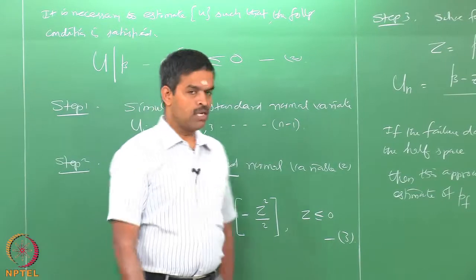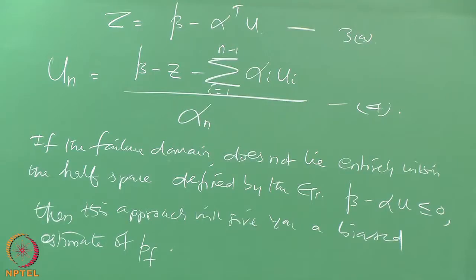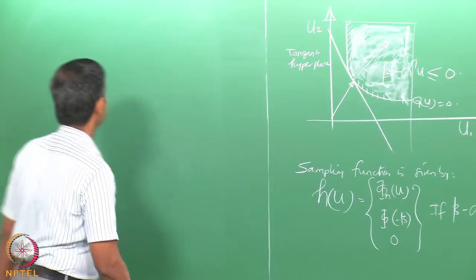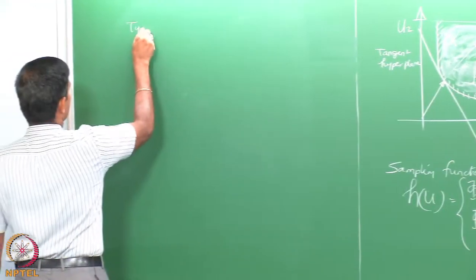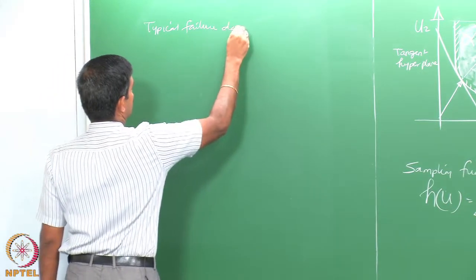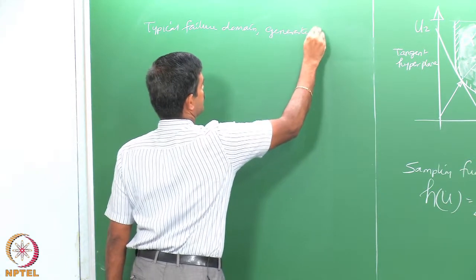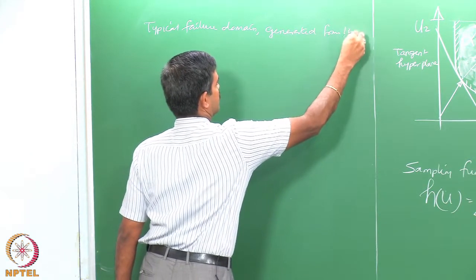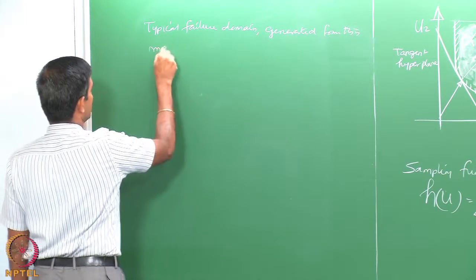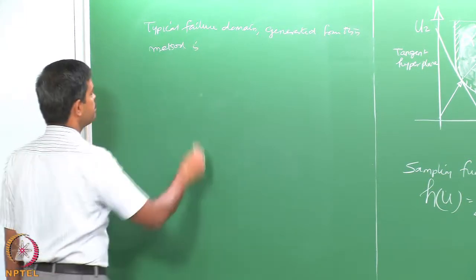Now, let us try to plot a typical failure domain generated from this method. A typical failure domain generated from this method is shown in this figure.